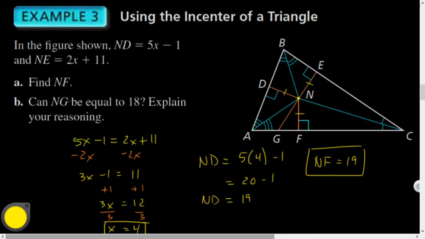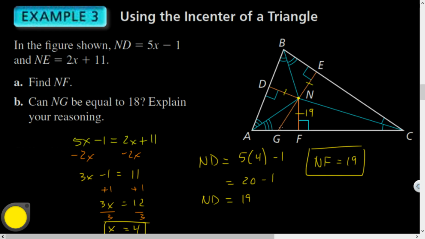Then it asks the question, can NG be equal to 18? Explain your reasoning. Now, this segment is 19 right here. And this is the shortest distance to a side.